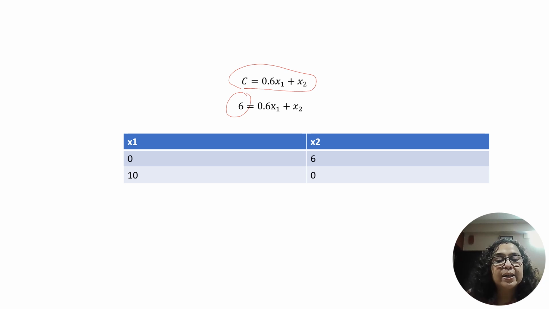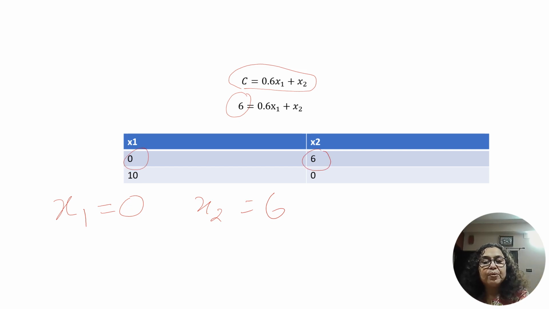So I use the same method. I put x1 equal to 0. When I put x1 equal to 0, I get x2 equal to 6. So I get the first point, 0, 6, for the objective function. Then for the second point, I set x2 equal to 0.